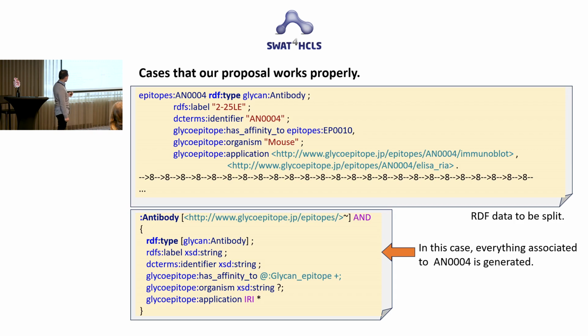One example here is a successful slice. Here is the RDF dataset, and from here it's split and the slices are different RDF datasets. For this dataset, we can sufficiently get the shapes for this subject, so it's a successful example.